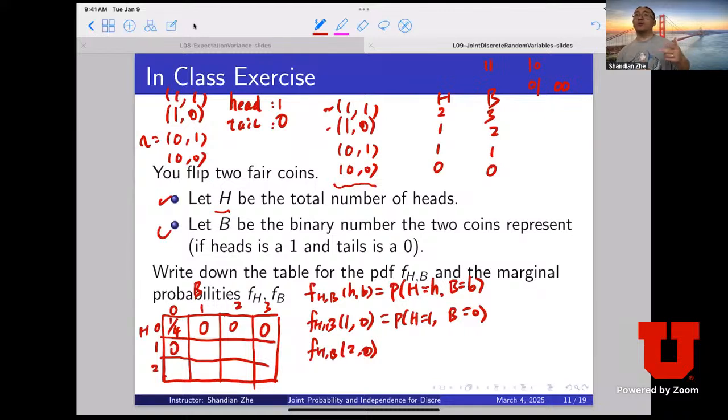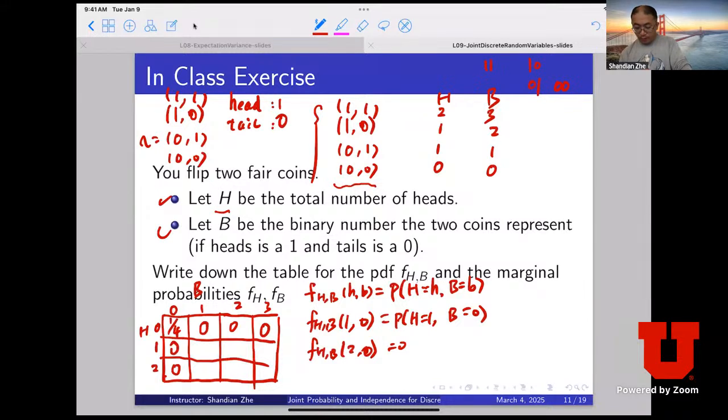How is it possible when you have a binary number contains two ones and the binary number is still 0? It's not possible. If you look at the mapping here, you also won't find any outcome that gives you H is 2 and B is 0. So this guy must be 0 as well.